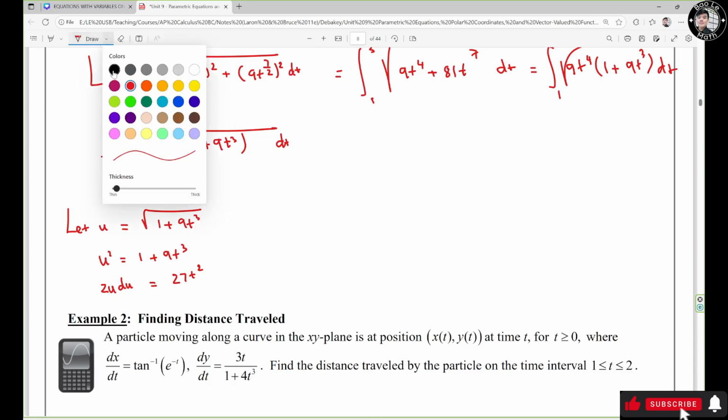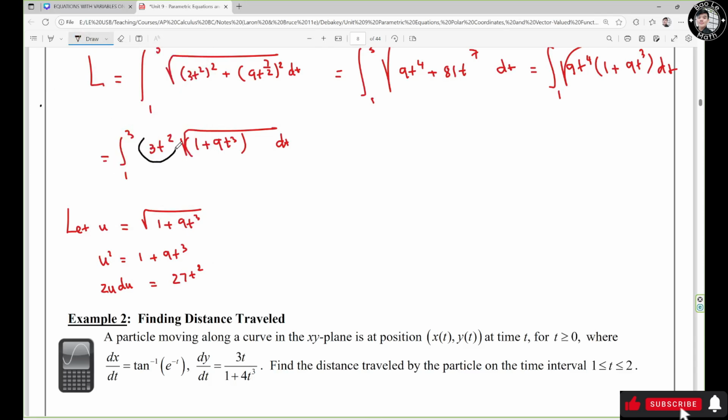Outside of the square root, you only see 3t squared dt, so I divide both sides by 9. It's 2 over 9 u du equals 3t squared dt. Then I change the lower and upper bounds. The lower bound is t equals 1, the upper bound t equals 3.